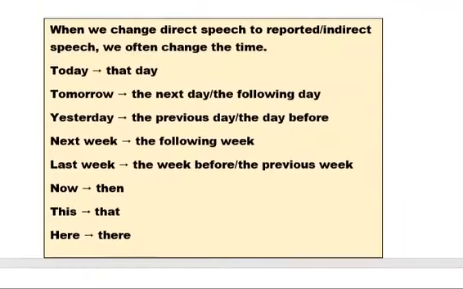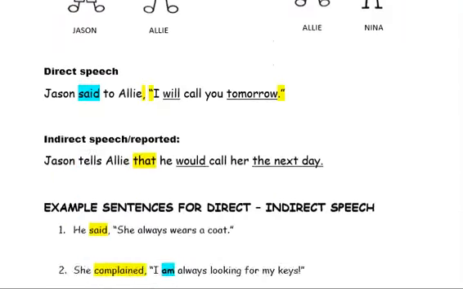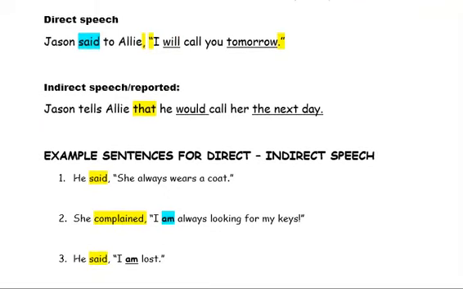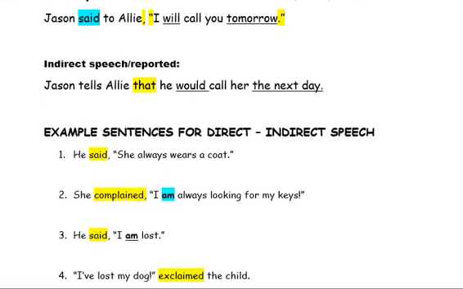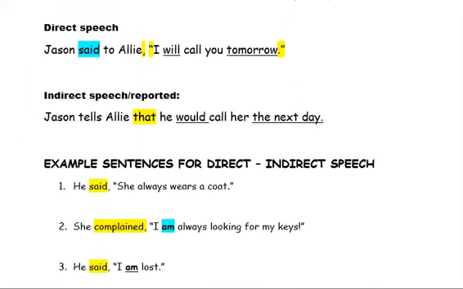Okay, moving on. So let's look at an example of where we change from direct to indirect speech. So if Jason says to Ellie, I will call you tomorrow, we need to change it to indirect speech. All right. So there are a few rules we need to follow when we're making this change. The first thing we need to realize is we need to look for the main action verb here.